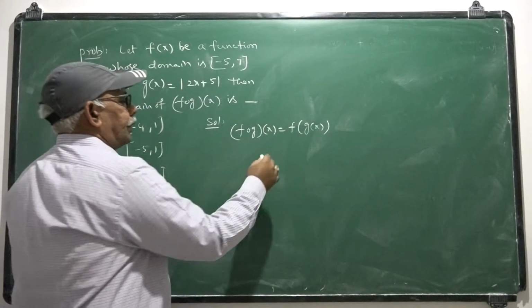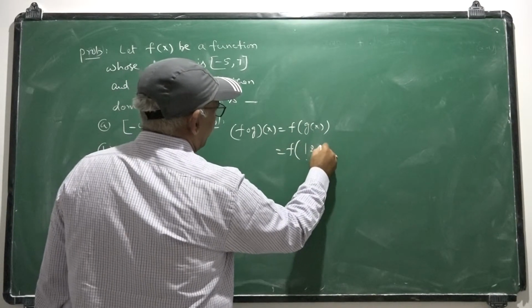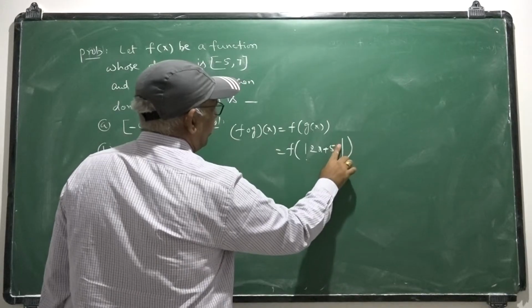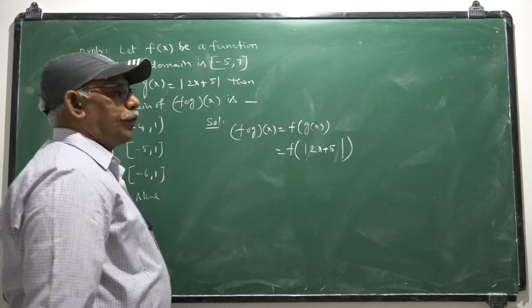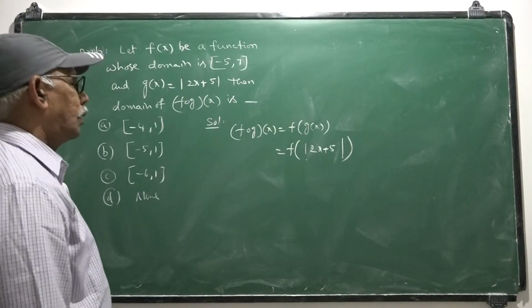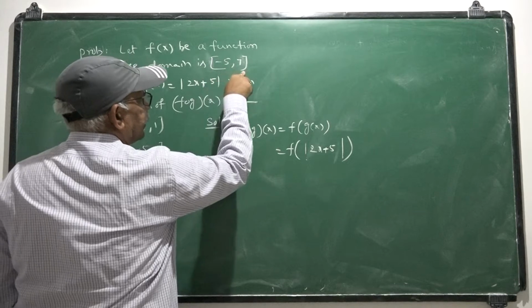That means f(g(x)) is given by f(|2x + 5|). But the domain of the function f is [-5, 7].